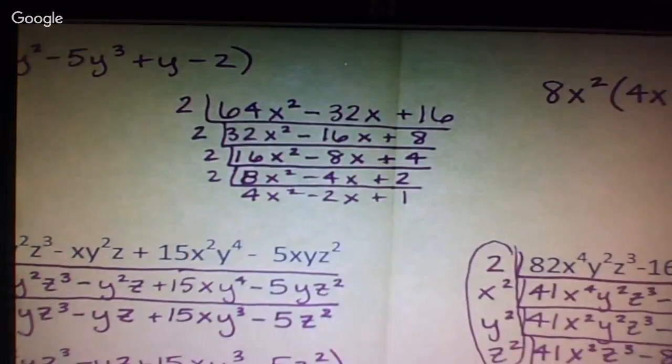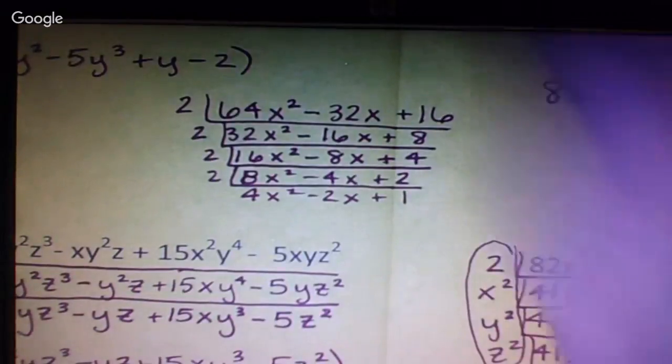Again, you started with 3 terms, 64x squared, negative 32x, and positive 16. You should always finish with 3. So we've got 4x squared minus 2x plus 1. Now we have no x's in common.